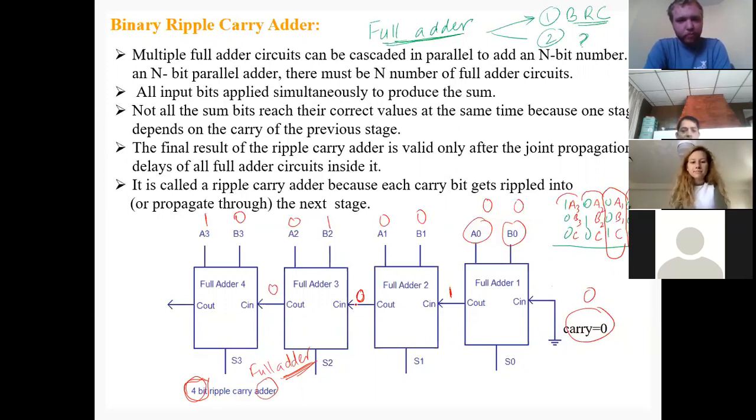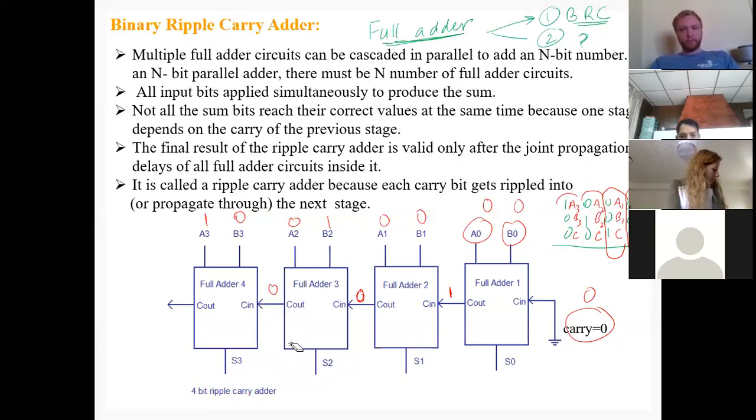Now the question is, I'm going to rename this guy and call it 4-bit ripple carry full adder. It got the adjective here, ripple carry. This is the adjective given to this guy now. Why is that? Let me explain that. What is this?